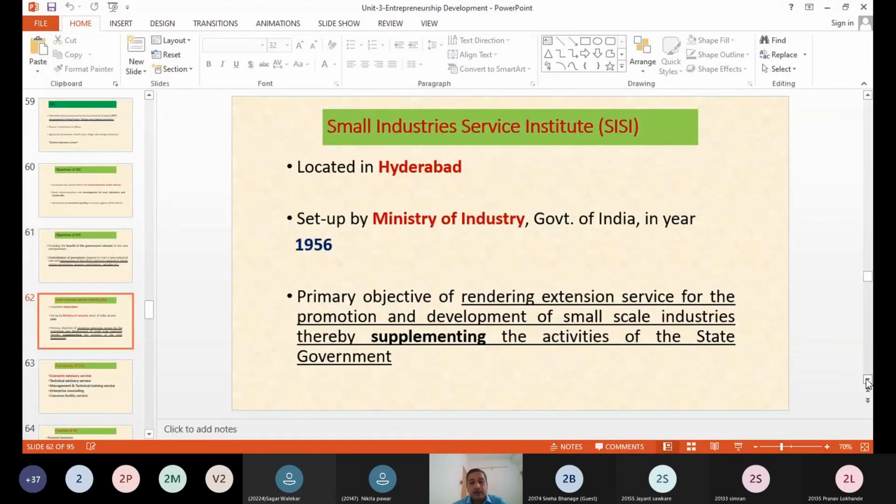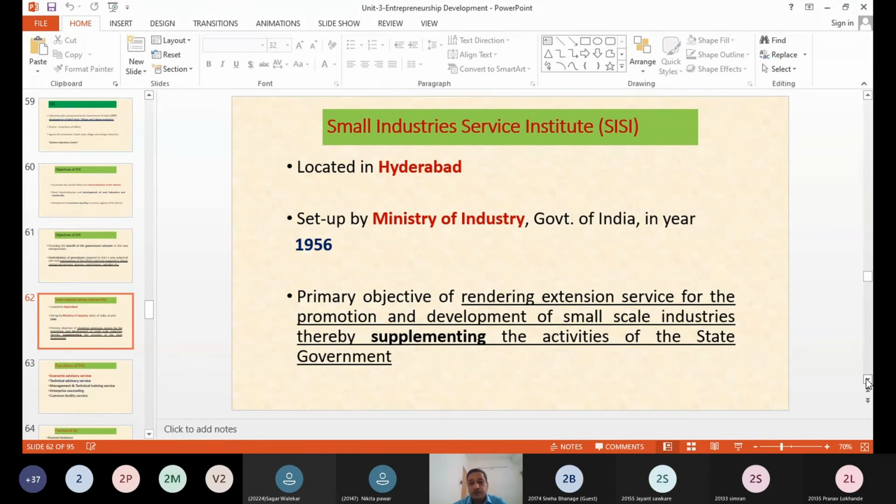The second such agency which provides assistance to the entrepreneurs is the Small Industries Service Institute, SISI. So this agency is located in Hyderabad. This SISI, that is Small Industries Service Institute, was set up by the Ministry of Industry, Government of India in 1956.